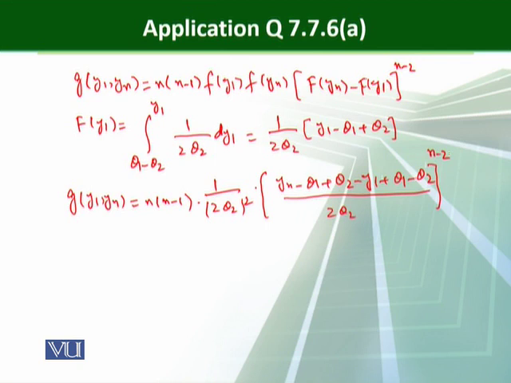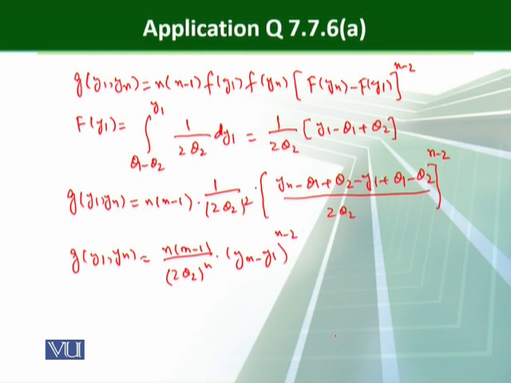After simplifying we get the joint density g of y1, yn, that is actually n into n minus 1 over 2 theta 2 raised to power n, into yn minus y1 raised to power n minus 2.